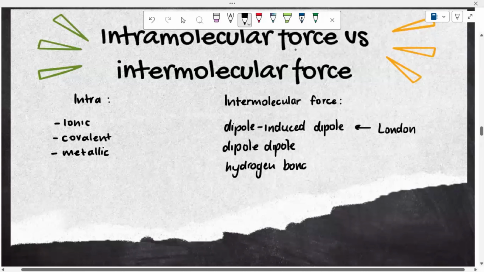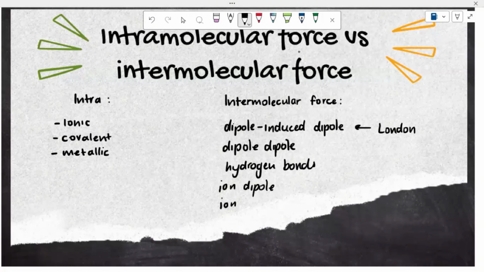Okay, so for our intermolecular bonds, remember this is between our molecules, right? We do have our ion dipoles. We also have our ion-induced dipoles. Ion dipole and ion-induced dipole, right?